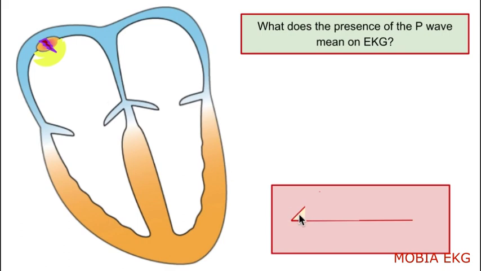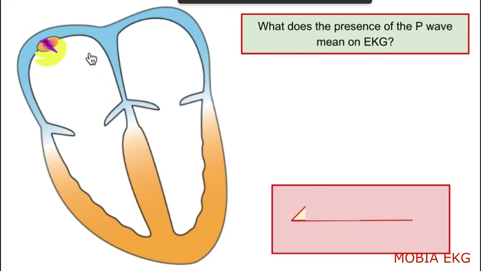The P wave represents depolarization of the right and left atria together. At this point, depolarization is limited just to the right atrium. But how about the left atrium?